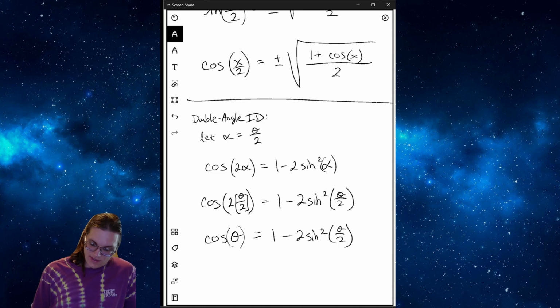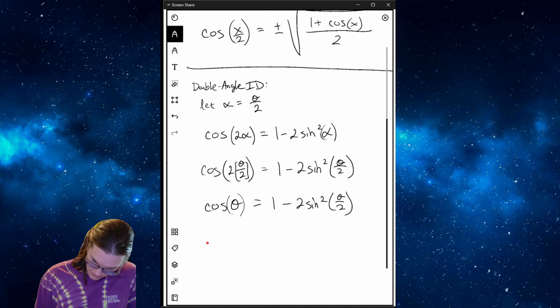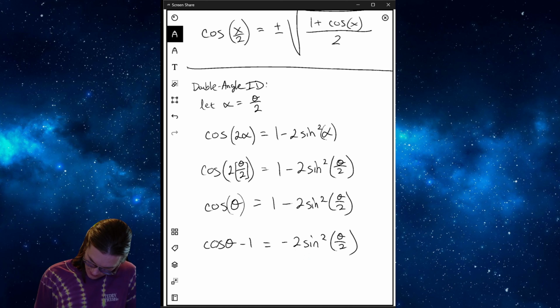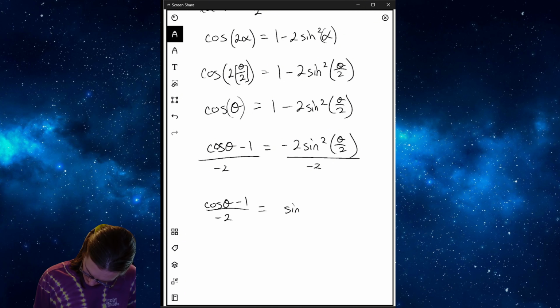If I solve this for sine, then I'm going to have cosine of theta minus 1 equals negative 2 sine squared half of theta. Then if I divide both sides by negative 2, I get sine squared theta over 2.